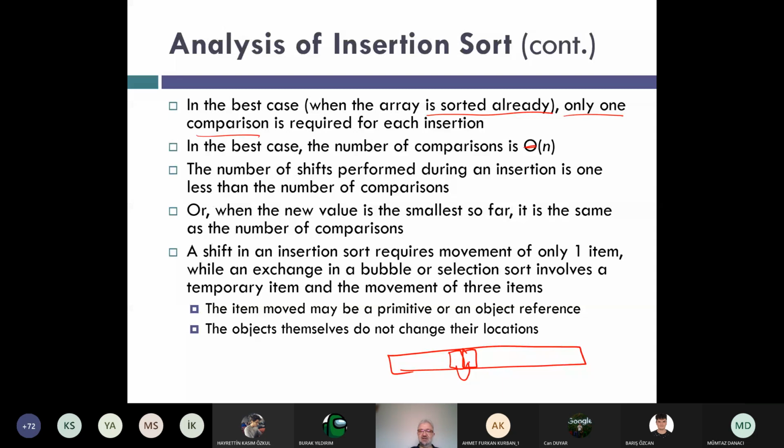To be able to exchange them, we actually perform three copies. Not one, not two. We have to copy one of them aside, and copy the second one into here, and then copy the first one here. So three copy operations are performed. But in insertion sort, only one copy operation is performed.